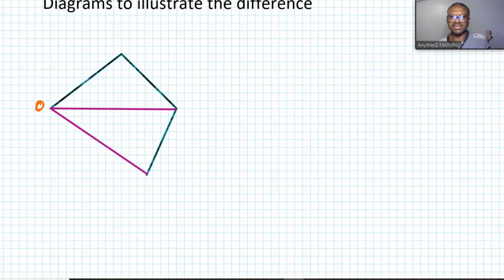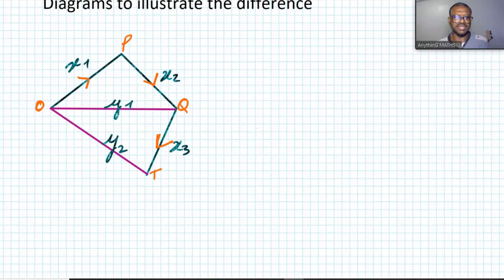Let's give it O. Then from O, P, Q, and T. So it's moving from O to P, then from P to Q, and then from Q to T. The distance OP is x1, the distance PQ is x2, and distance QT is x3. Distance OQ is y1 and OT is y2.